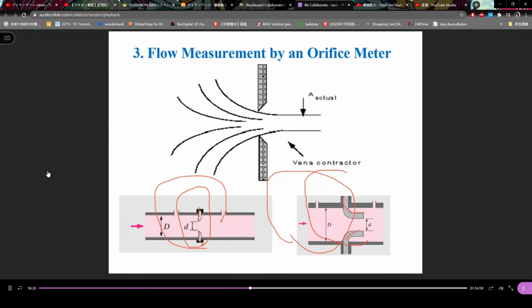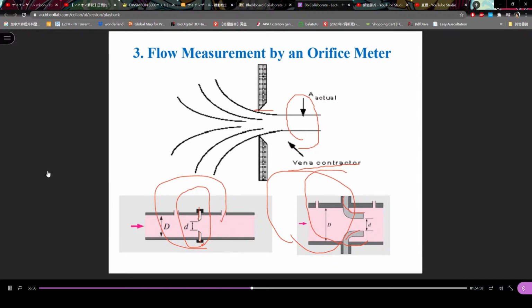We need to measure pressure difference, and then use the equation to calculate the velocity of discharge or the flow rate. For the orifice, you see, the actual narrowed path is here. It's called the vena contracta.